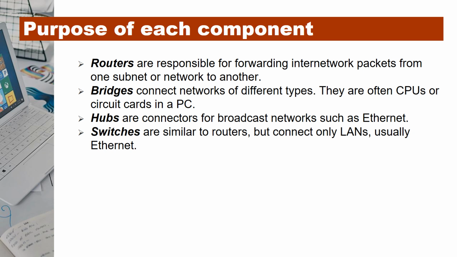Then we also talk about hubs that are connectors for broadcast networks such as Ethernet. They also connect multiple devices together in a network, and they can provide a central connection point for devices in the network. You can talk of switches, which are similar to routers but connect on LANs, usually.